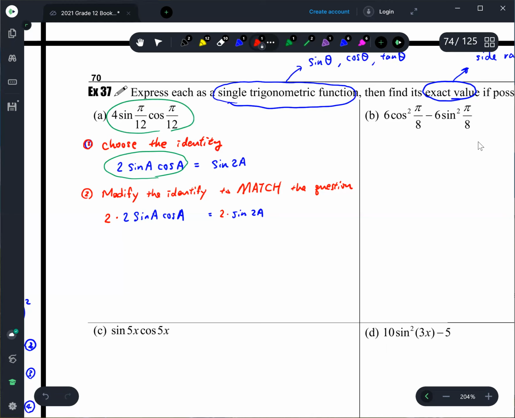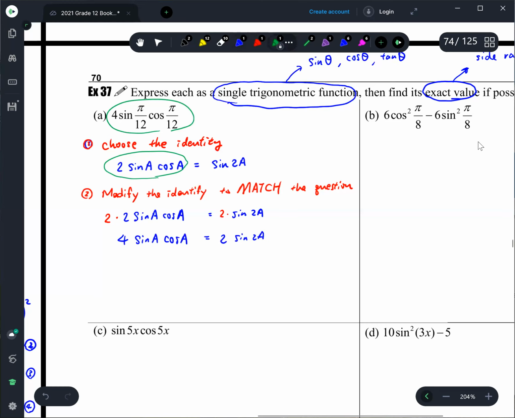Whatever you do on the left side, you have to do the same on the right side, so you don't change the question. So both sides are multiplied by 2, and you will get 4 sine A cosine A equals 2 sine 2A.